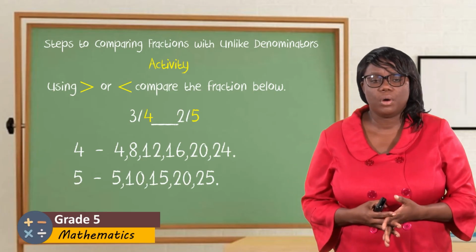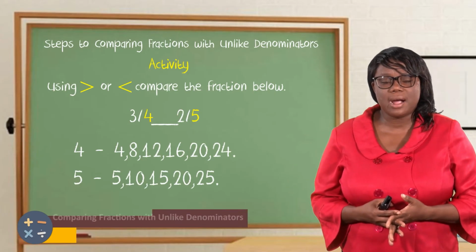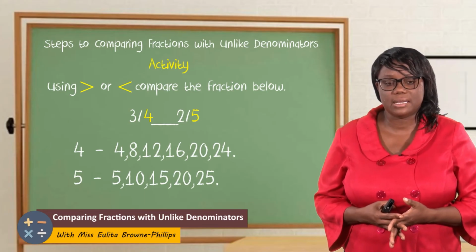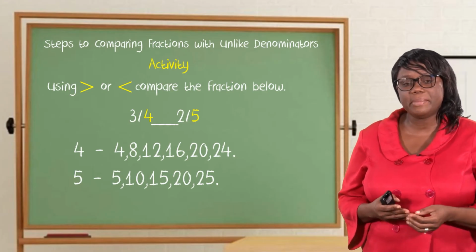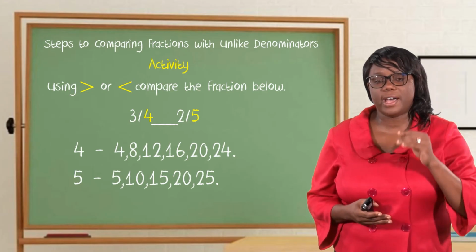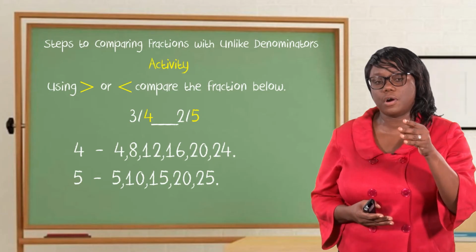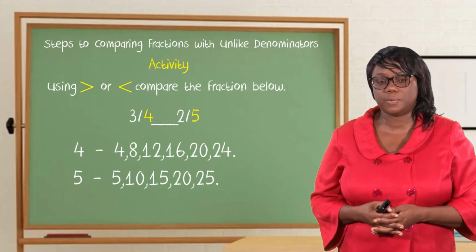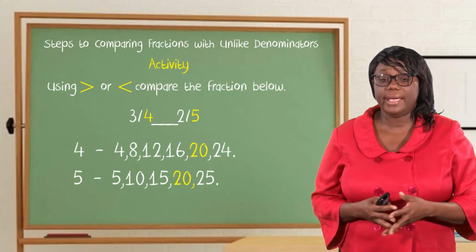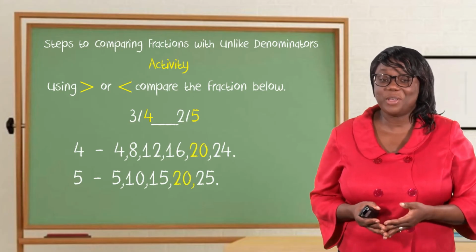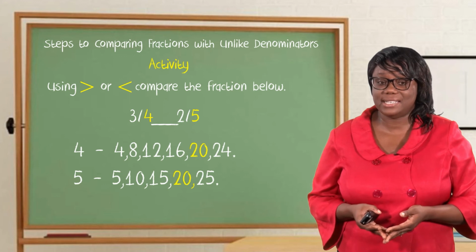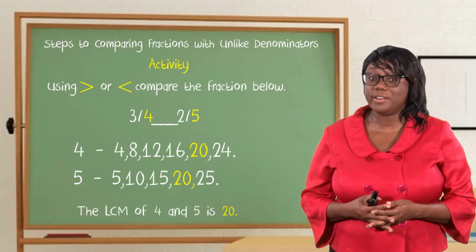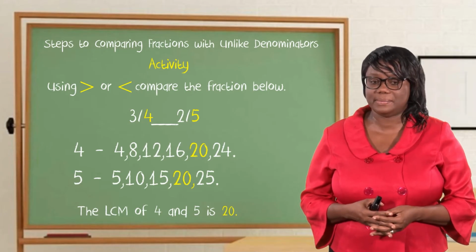Now, what are the common multiples you see that are multiples of 4 and multiples of 5 also? In this case, we only have 20. So boys and girls, the LCM of 4 and 5 is 20.